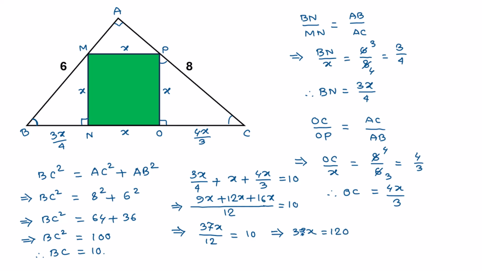Now dividing both sides by 37, we'll get the value of x. So the value of x is equal to 120 divided by 37. So the side length of this square x is equal to 120 divided by 37 unit, and this is the side length of this square.